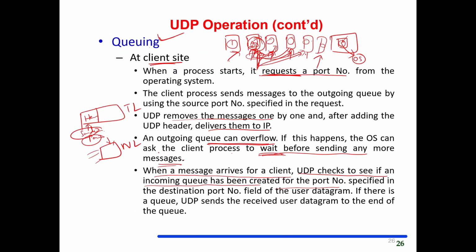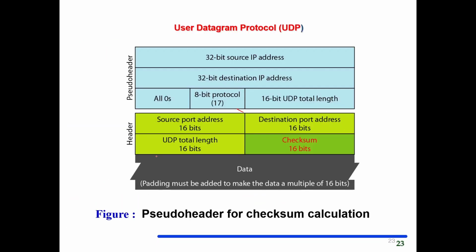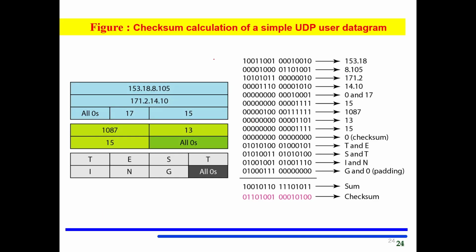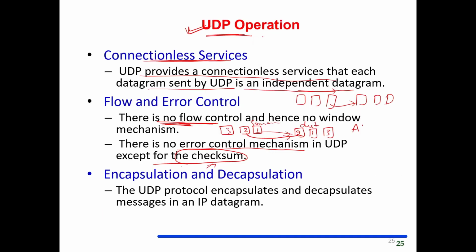Among these, I would suggest you concentrate more on the user datagram: what the header contains and the length of the source port number and destination port number. All these matter in the UDP protocol, and also what the operations of the UDP protocol are. It does not have flow control, and error control is only the checksum method.